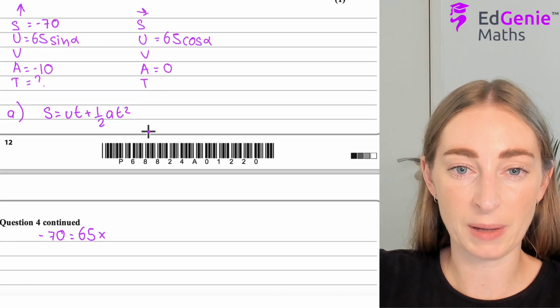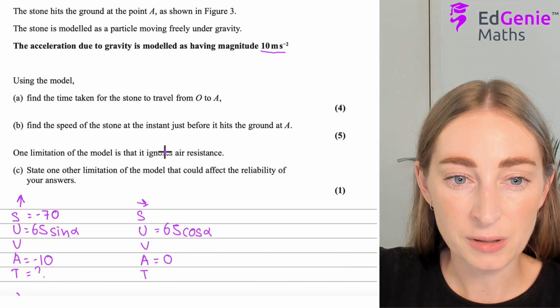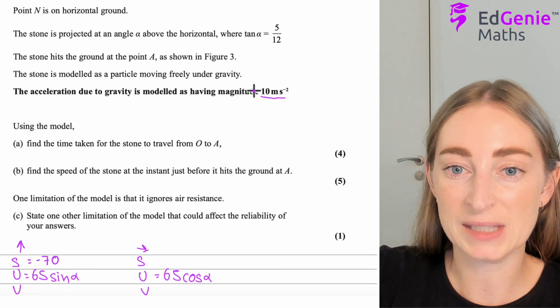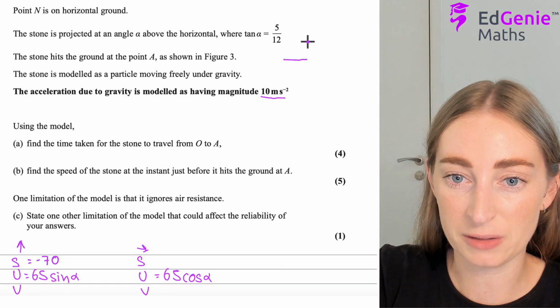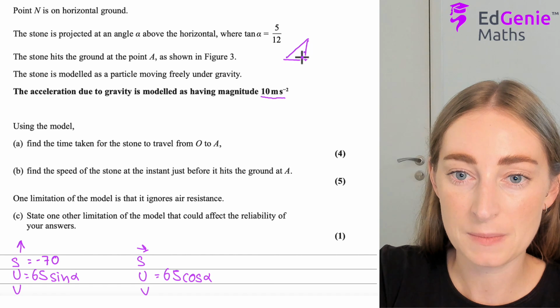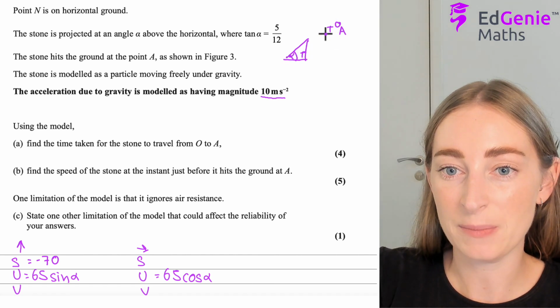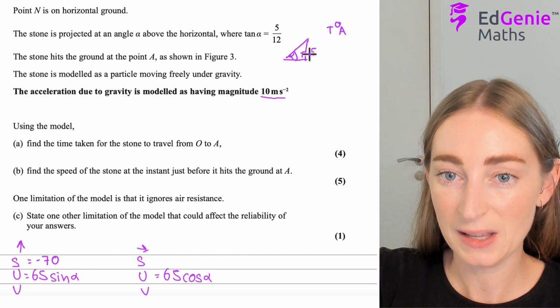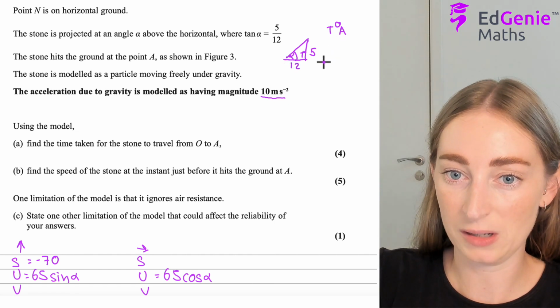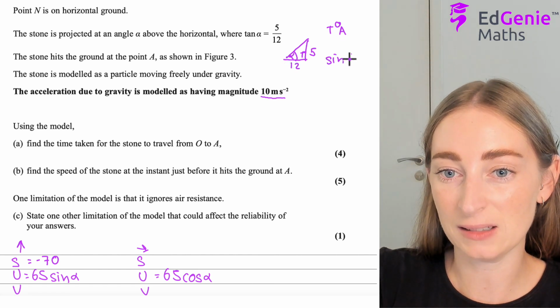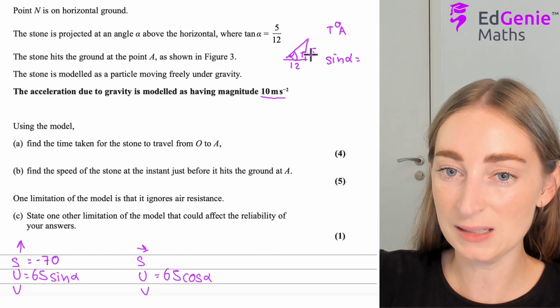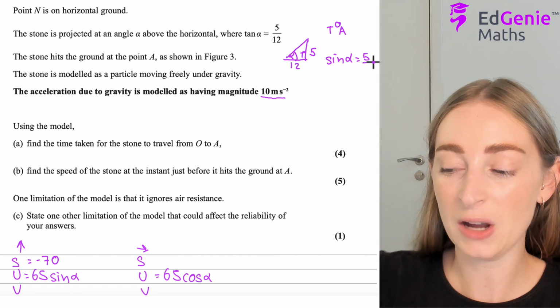Let's have a little think about these for now. So what have they told us? Okay, so tan is 5 over 12. So that means that the opposite is 5 and the adjacent is 12. So that means sine is going to be the opposite, which is 5, over the hypotenuse.